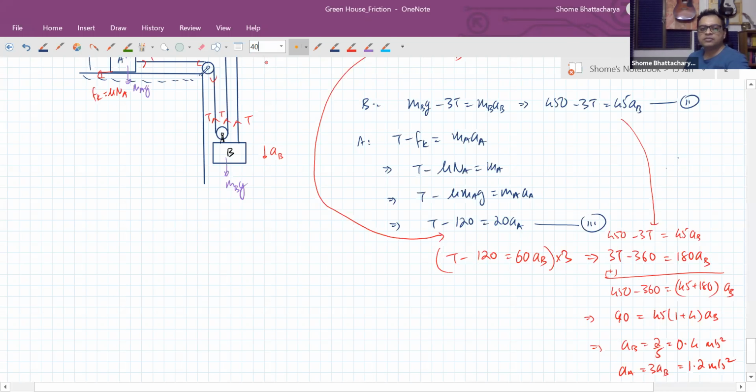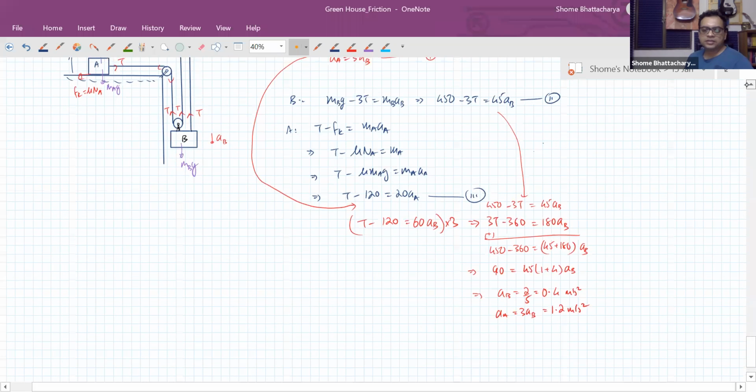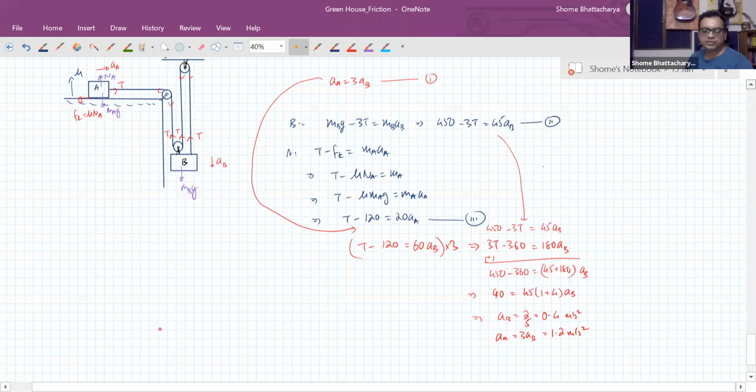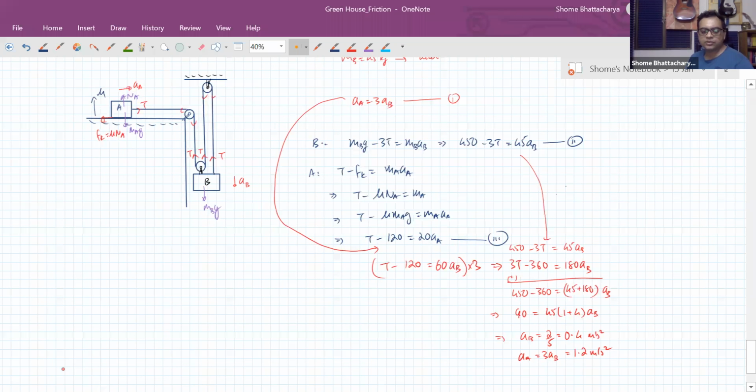So especially for your JEE Advanced level, you should be able to connect the concepts: thread length conservation, constraint relation, which you've learned in the previous chapter, Newton's laws of motion. Now that is being added to the concept of friction over here.